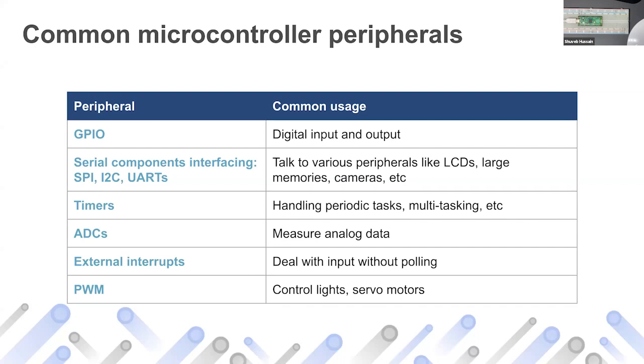To interface with the digital world that these chips can understand, you need something that converts it. So ADCs convert between analog and digital data. And then of course, we have support for external interrupts. We'll also be looking at external interrupts in this particular talk.